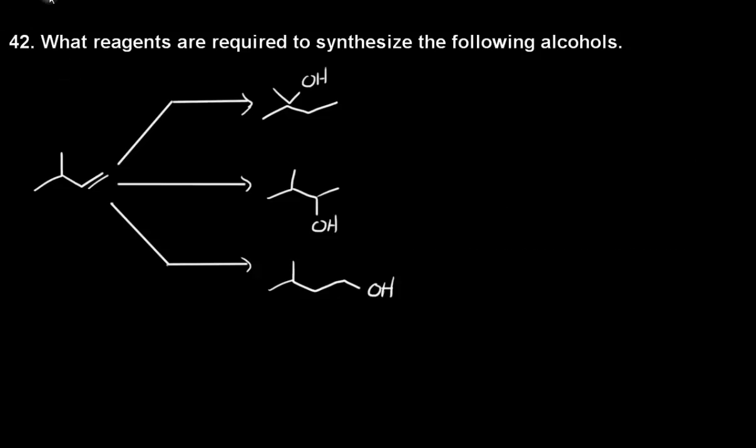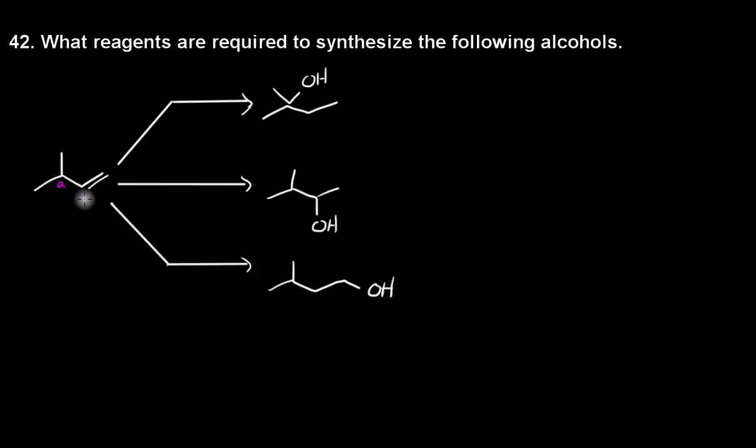Okay, so let's go through a couple of these. So you're given the alkene and you're asked to play around with a couple of different alcohols. So you know that in all of these cases you're doing a hydration. All that's different is what carbon the alcohol is going to. So we have three different carbons.